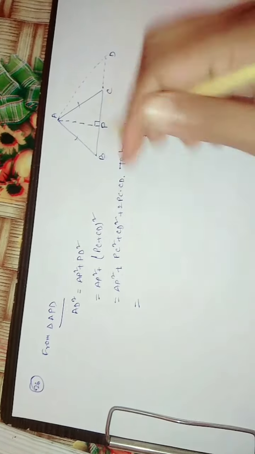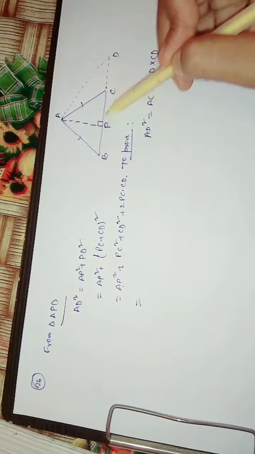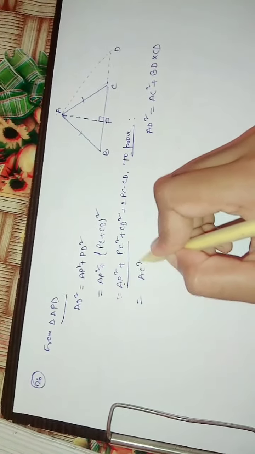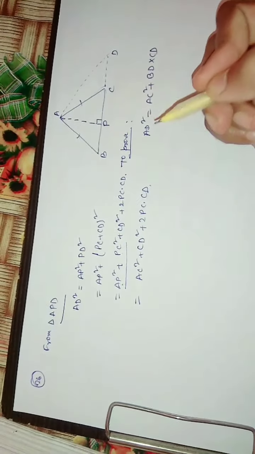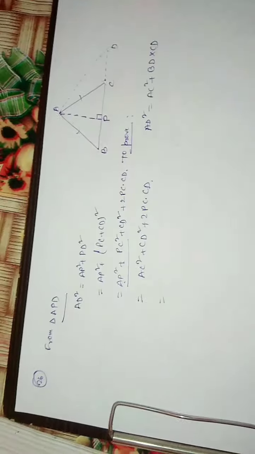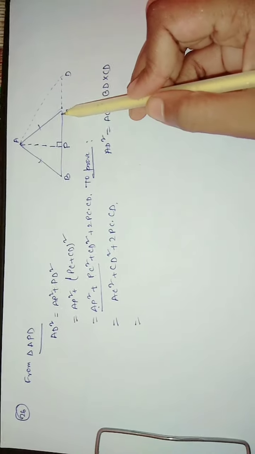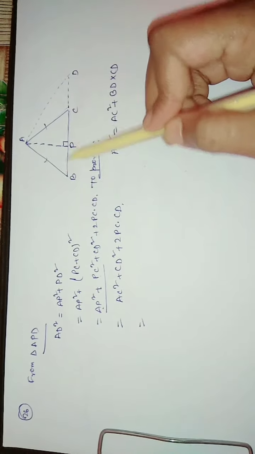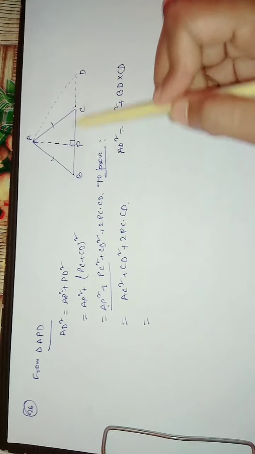Now AP square plus PC square. Look carefully, AP square plus PC square can be written as AC square. So writing this as AC square plus CD square plus 2PC dot CD. Now PC can be written as half of BC, because AP is perpendicular to BC, and in an isosceles triangle the perpendicular bisects the side.